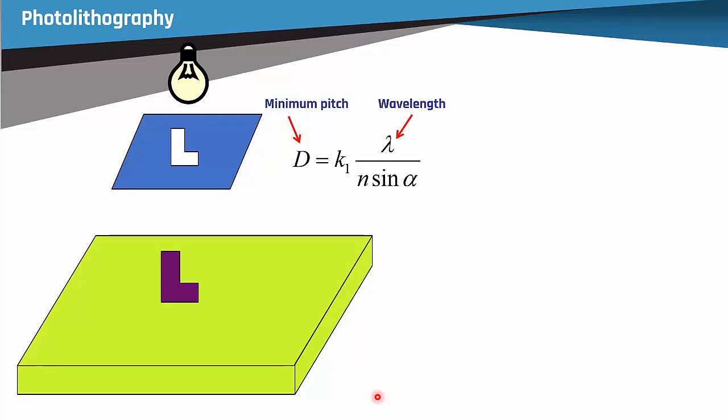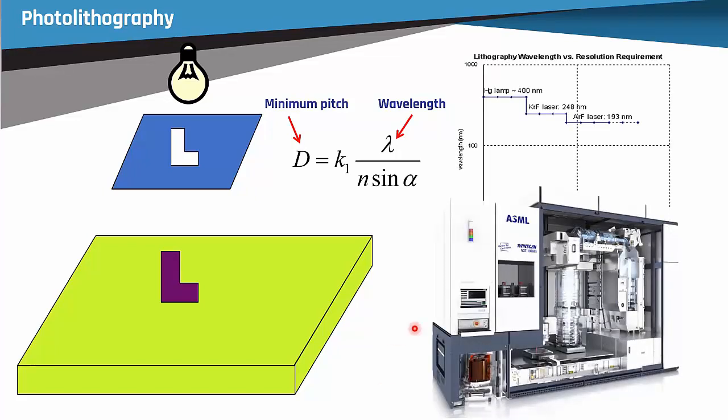And so you would think that you just take a light source that has a shorter and shorter wavelength, and then you can get a smaller and smaller resolution. But if we look at a graph here of how photolithography has advanced over the years, you will see that we got to a laser of 193 nanometers 20 years ago or something like that, and it hasn't changed.